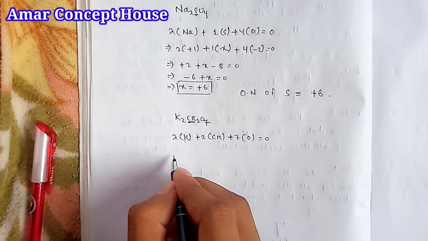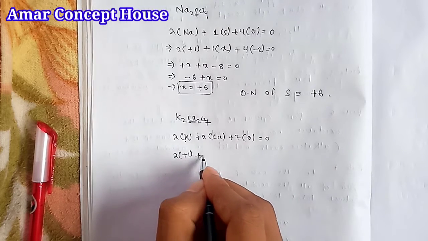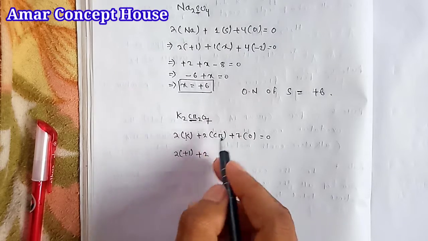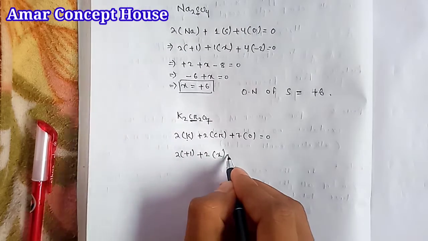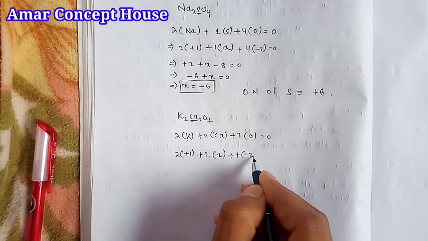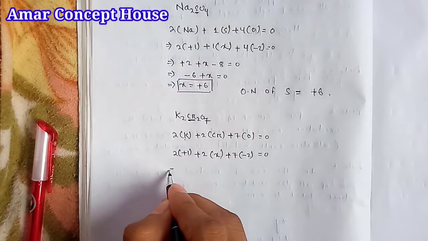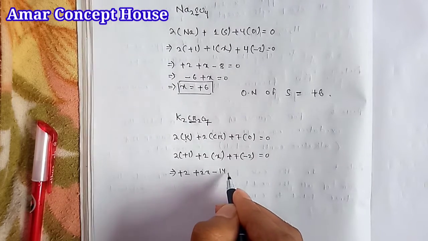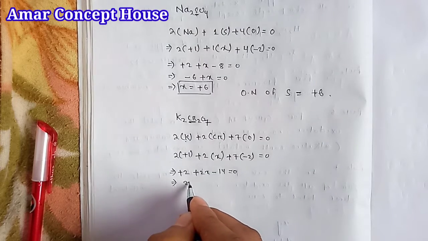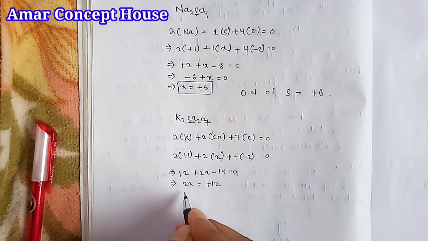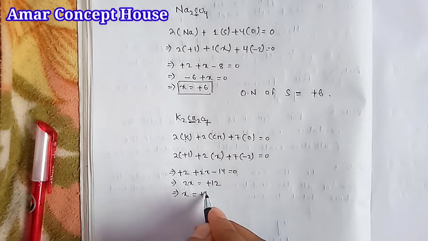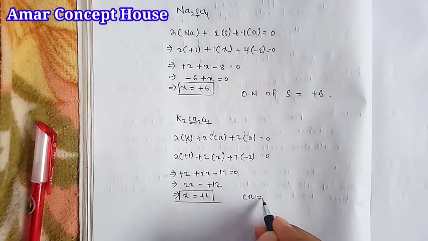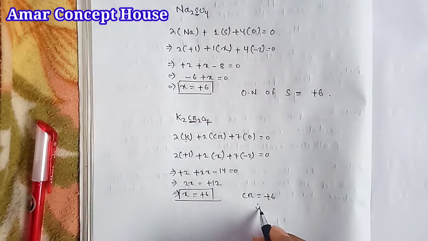So 2 into +1 plus 2 into x, taking x as the oxidation number of chromium, plus 7 into -2, the oxidation number of oxygen, equals 0. So plus 2 plus 2x minus 14 equals 0. That means 2x minus 12 equals 0, 2x equals +12, x equals +6. So the oxidation number of chromium is +6 in potassium dichromate.